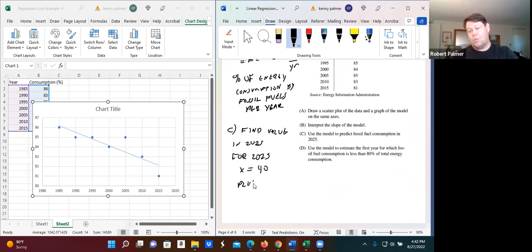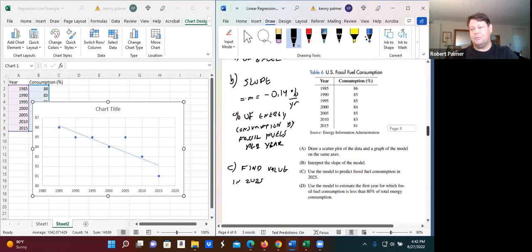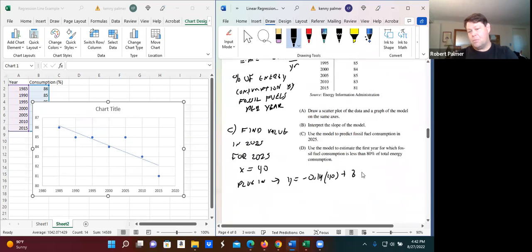And so what we get then is y is equal to negative 0.14 times 40 plus, and what was our y-intercept? 86.18. Okay, now use a calculator to do that.